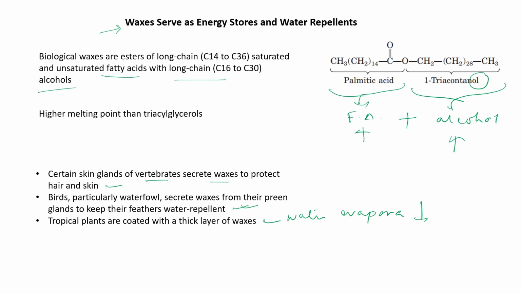So water evaporation should be less, otherwise they will lose water and become dehydrated. Even in aquatic plants we can find a waxy coating on their leaves so that water does not stay on their leaves, and that's how they can protect themselves from deterioration. So these are the natural functions of waxes.